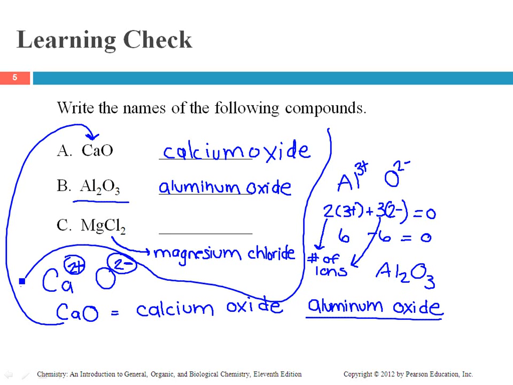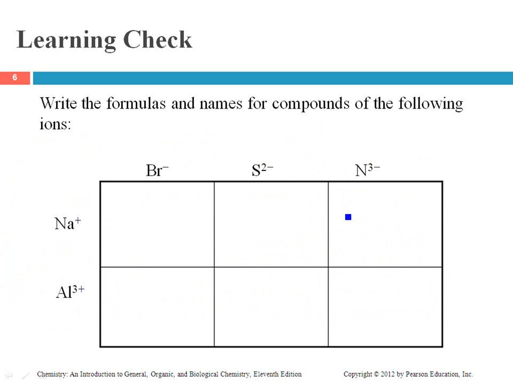If you were just looking at naming, you name the metal first, calcium, just by what its element name is on the periodic table, and then you end with IDE on the non-metal. But this portion that we did here, showing how to come up with the formula, is important for later. It's important now.